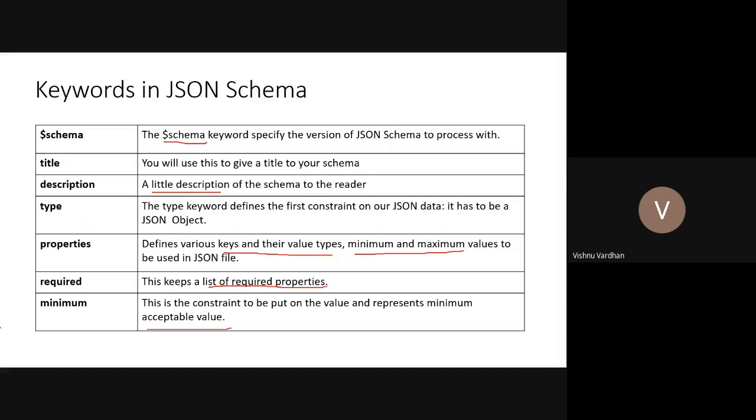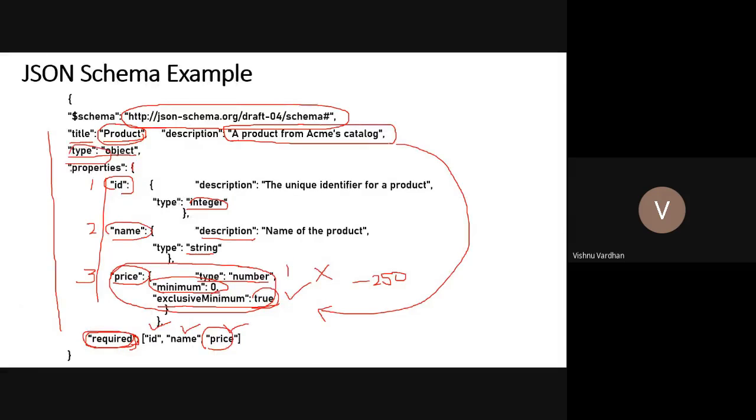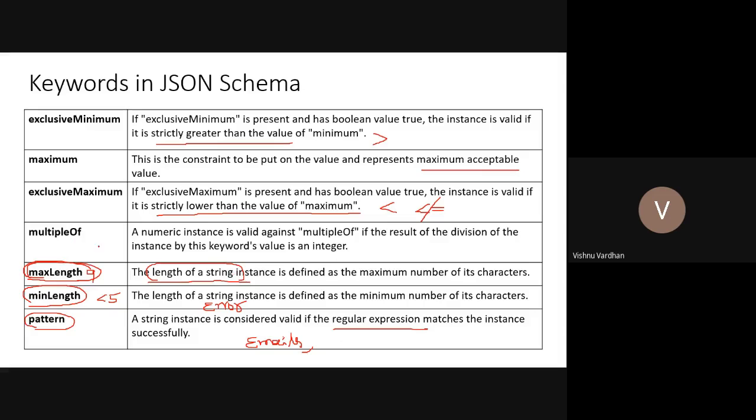Okay. So what are they? You can provide some types. This is the type. You can provide some properties, and you can provide whether it is a mandatory thing or not. You can provide the minimum, maximum numbers, exclusive minimum, exclusive maximum, multiple of.